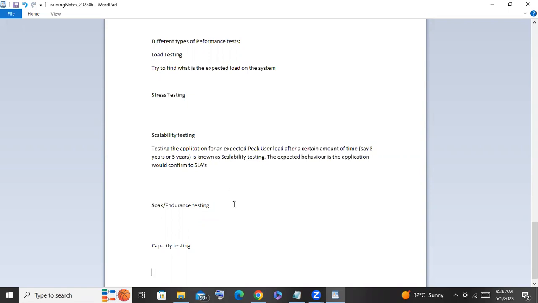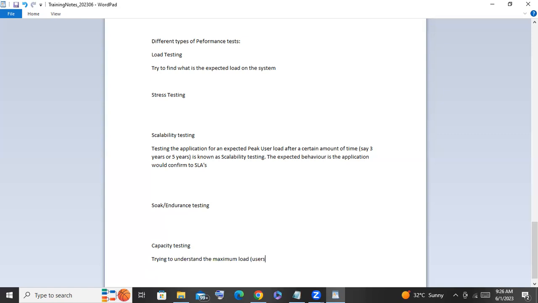Okay, so what is capacity testing? Somebody actually already told the definition of this. That is the reason why I started with this capacity testing. So what is capacity testing? We are trying to find what is the total capacity of this particular application. Maximum load.